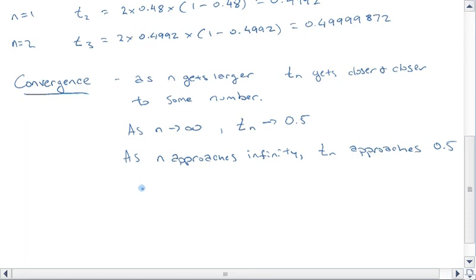So not all sequences converge, right? You can imagine that if one possibility is for them to approach some number, another possibility is for a sequence to just keep getting larger and larger, or for it to keep getting smaller and smaller. And that behavior is called divergence.